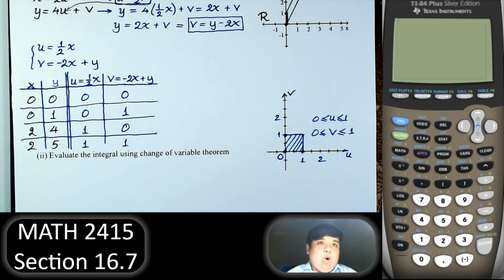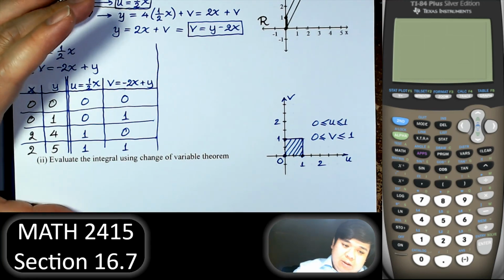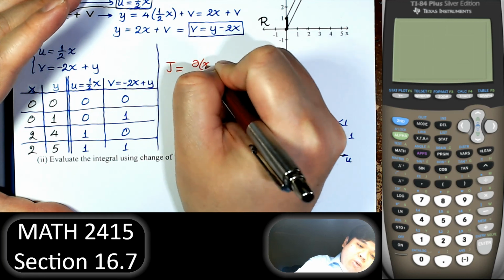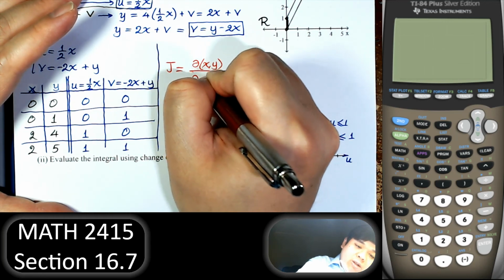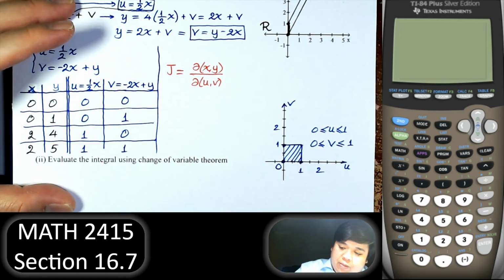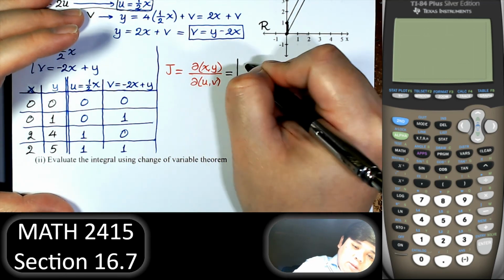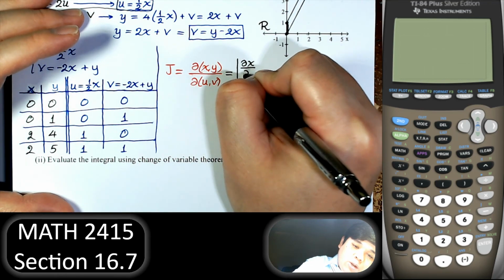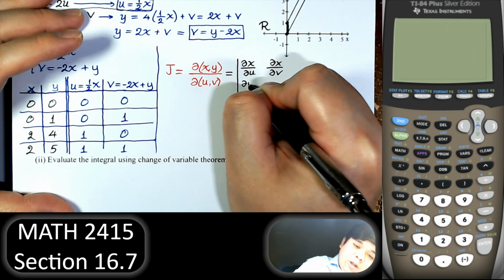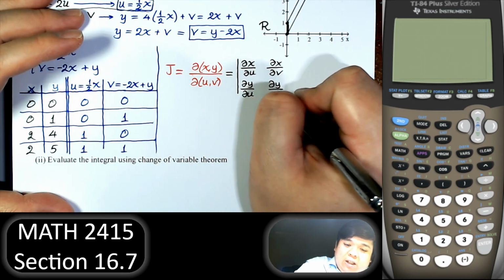Now, how do we get the Jacobian? The Jacobian is always the partial derivatives of xy with respect to something else. The variables here in this case are u and v. So x with respect to u, x with respect to v, y with respect to u, and y with respect to v.